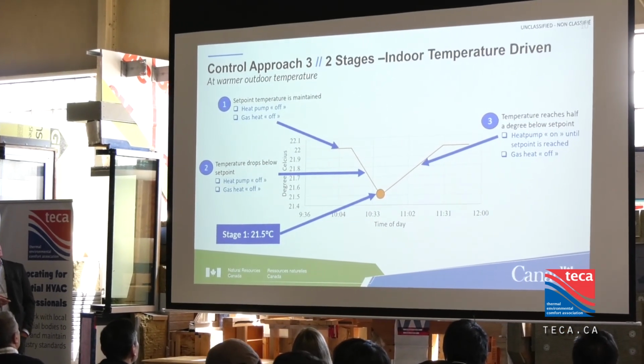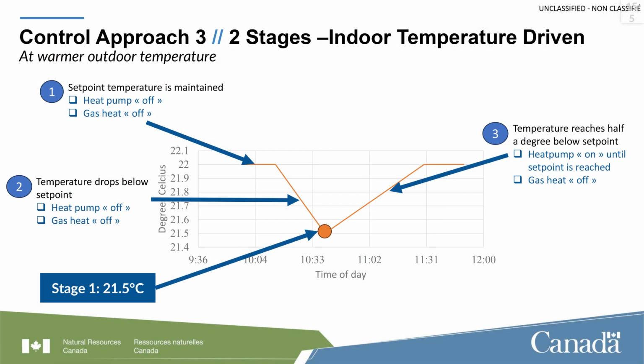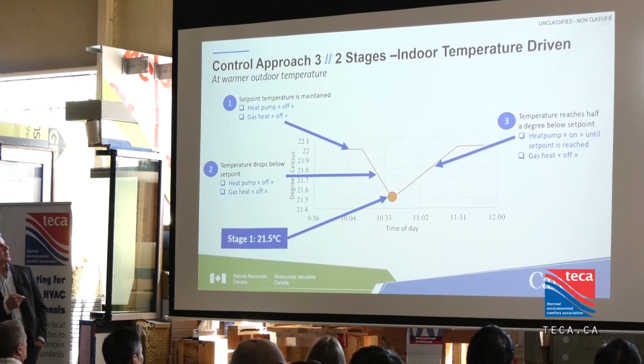At this point, it's showing the house being at 22 degrees Celsius, and as it cools off outside and the home starts to cool off, the thermostat will call upon the heat pump to turn on at, let's say, 21.5 degrees, so a half degree difference from the set point of 22. At that point, the heat pump would engage and bring the home back to its set point of 22 degrees Celsius.